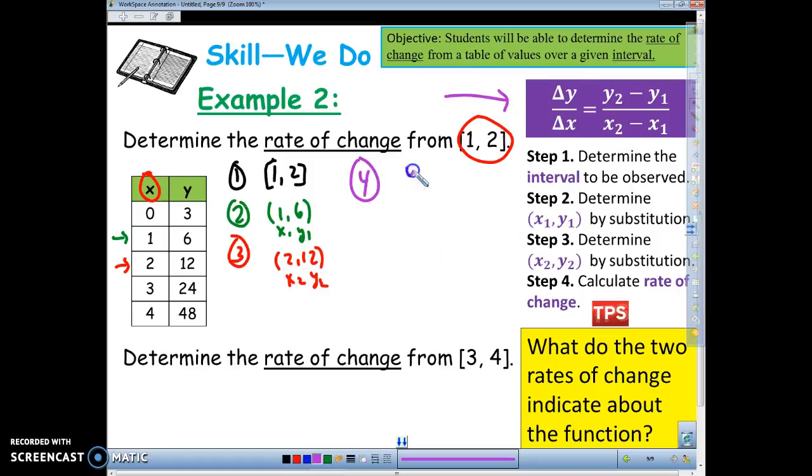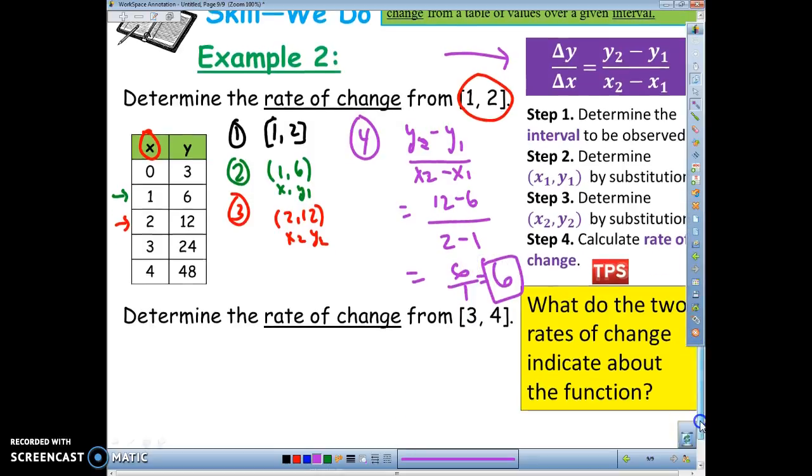So y2 minus y1: y2 is 12 minus y1, which is 6. Then x2 minus x1, that's the bottom part, in my denominator: 2 minus 1. So 12 minus 6 is 6, over 2 minus 1, which is 1. So my rate of change is 6 in that interval.